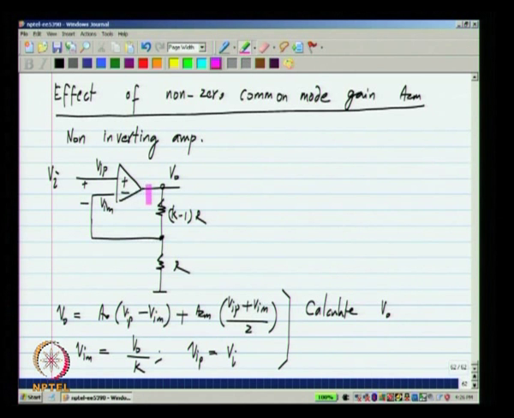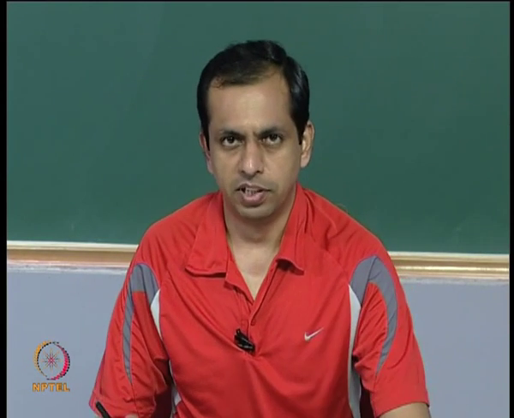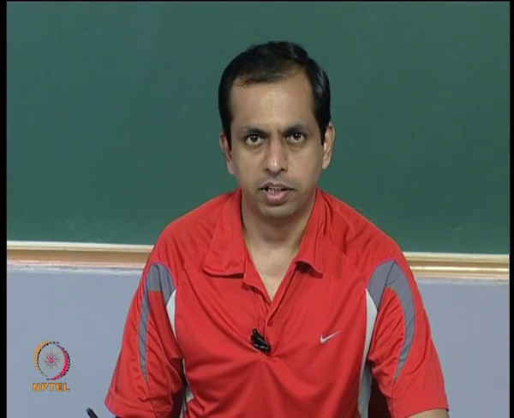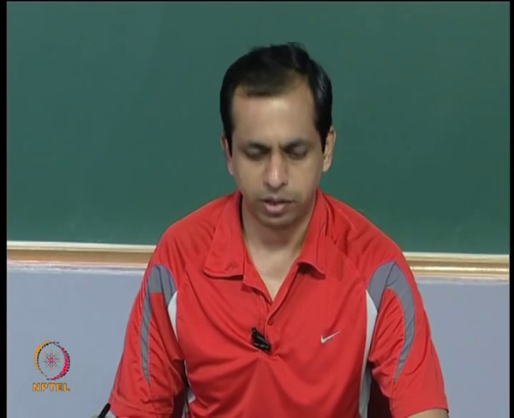So, first of all, let me assume that the differential gain is very large. And initially I will consider a case where the common mode gain is 0. If the differential gain is very large, let us say reaching infinity, and the common mode gain is 0, this is the situation that we had earlier with the ideal op amp.